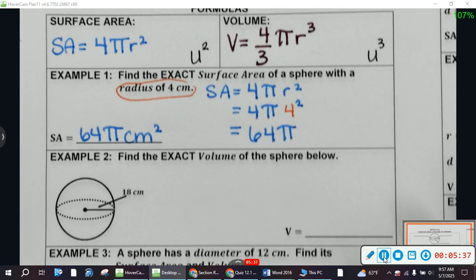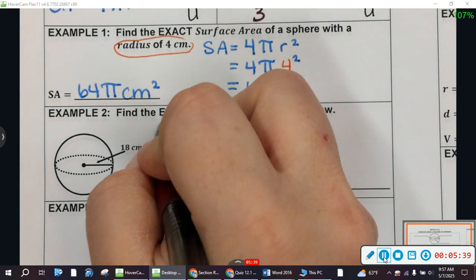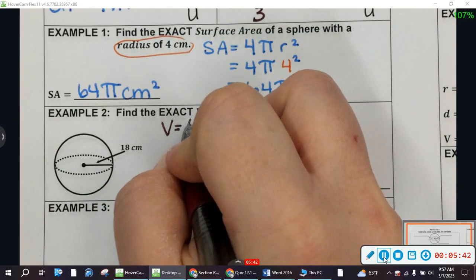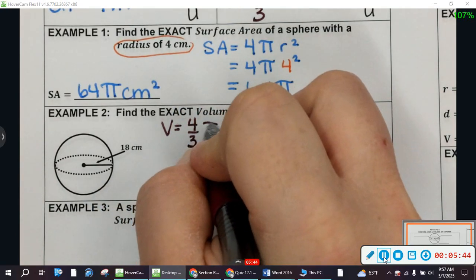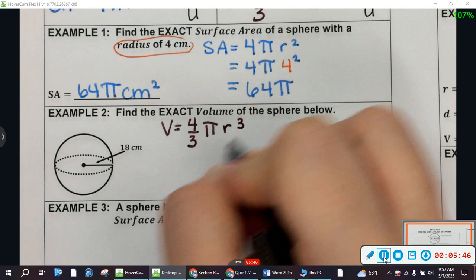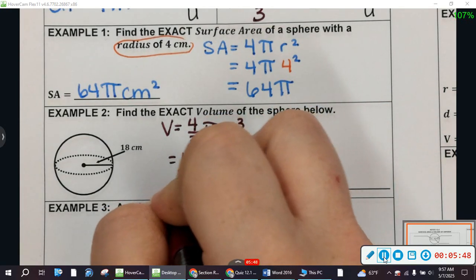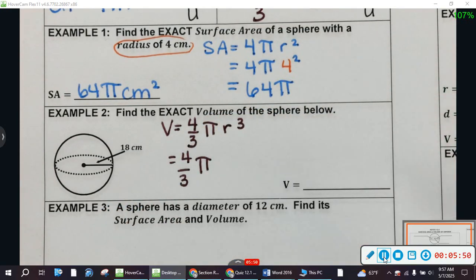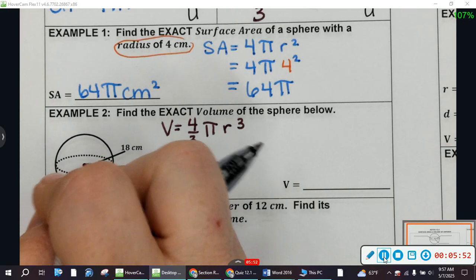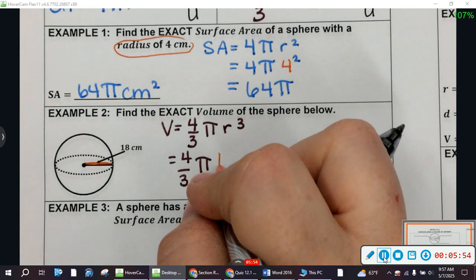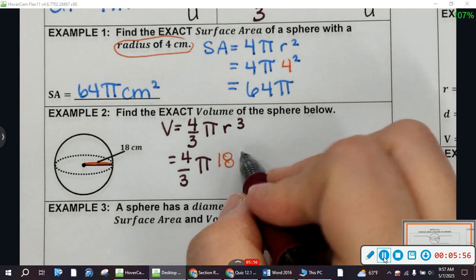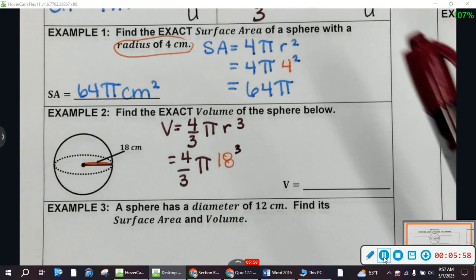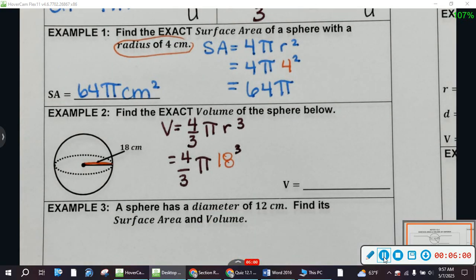And we have volume. Volume formula is 4/3 pi r cubed. 4/3 pi, my radius this time is 18, and we cube it. But at this point, we've only used our calculator with a square button.